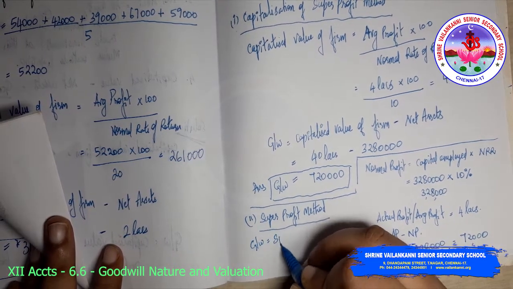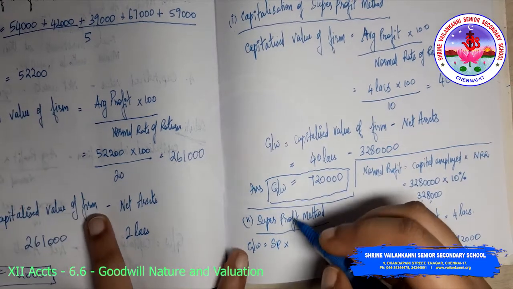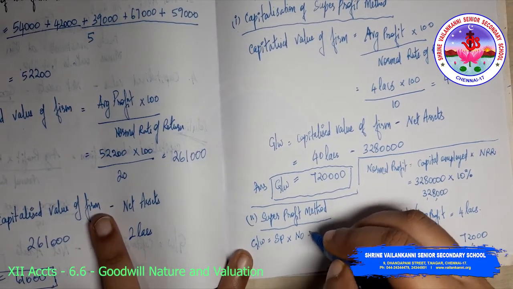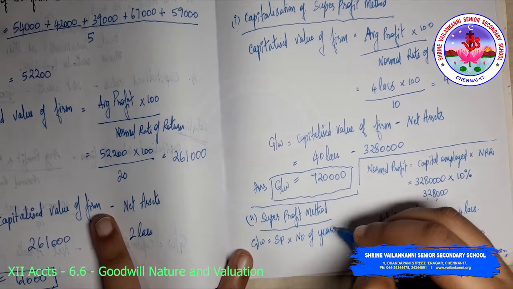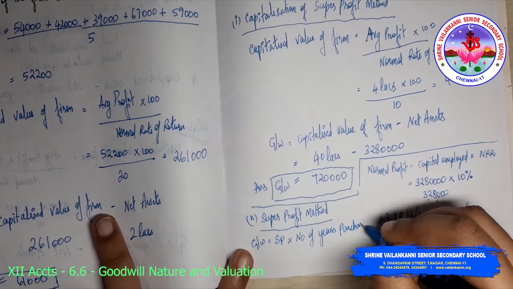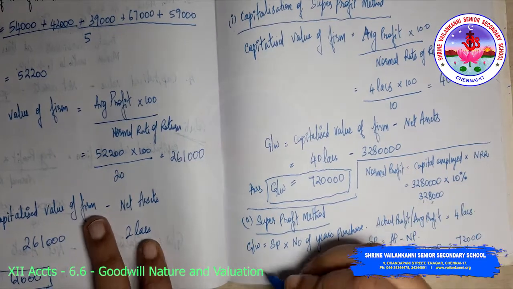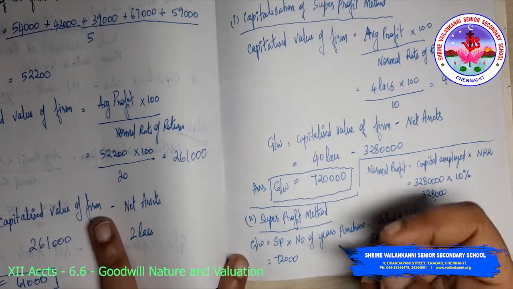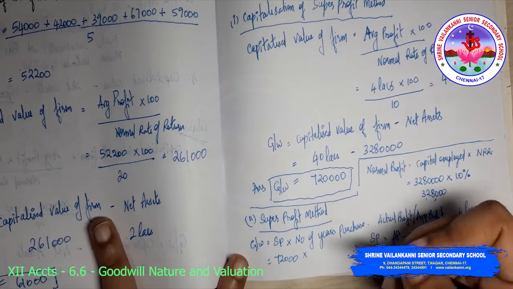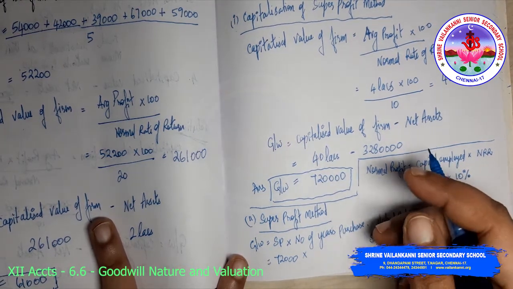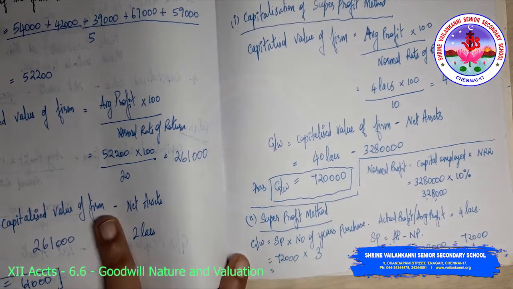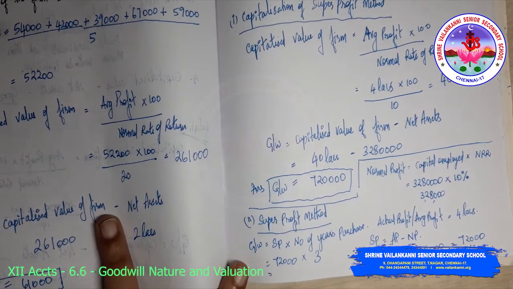Goodwill is equal to super profits into number of years purchase. Super profit is 72,000 into number of years purchase. They have given in the question as 3 years purchase. So 3 years. So if I am doing this, I will be getting 2,16,000.